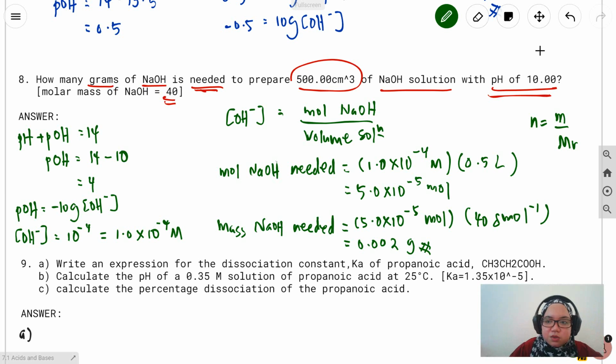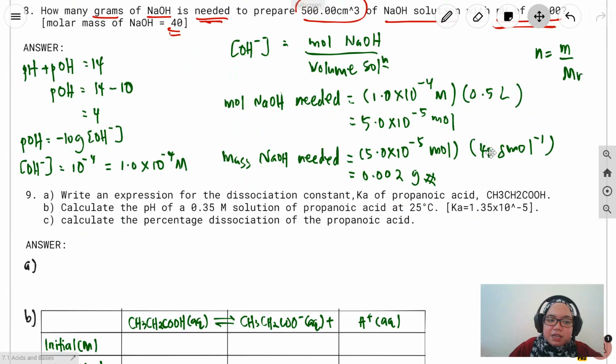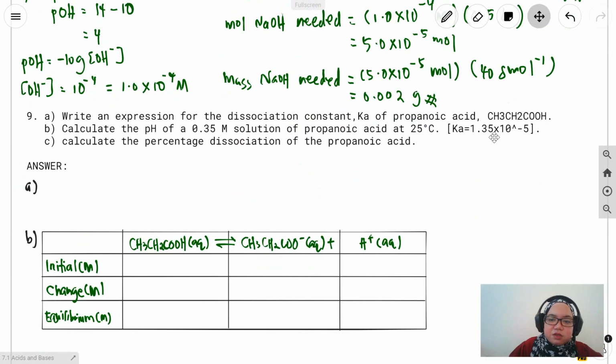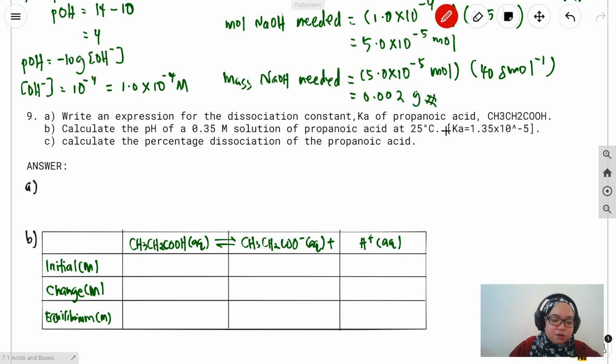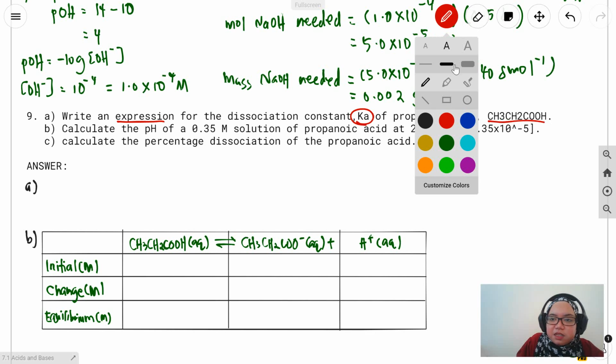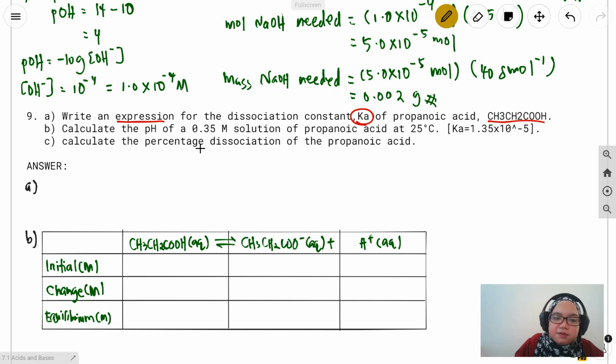Alright. So we're going to look at the last question, question 9. Question 9 is quite complicated. First, the question says write an expression for the dissociation constant Ka of propanoic acid. So we first write propanoic acid's dissociation constant.